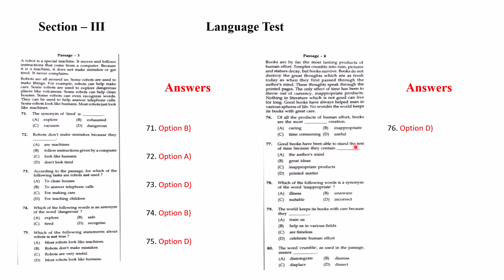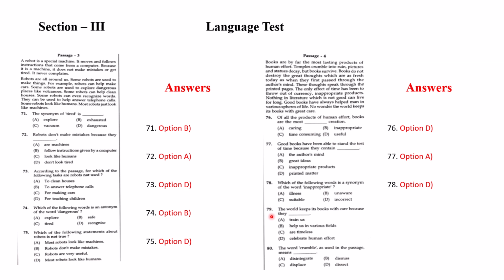Books have been able to stand the test of time because they contain the author's mind. Correct answer for this question would be option A. Next, which of the following words is a synonym of the word inappropriate? We can say that incorrect would be the proper synonym for the word inappropriate. So option D would be the right answer here.